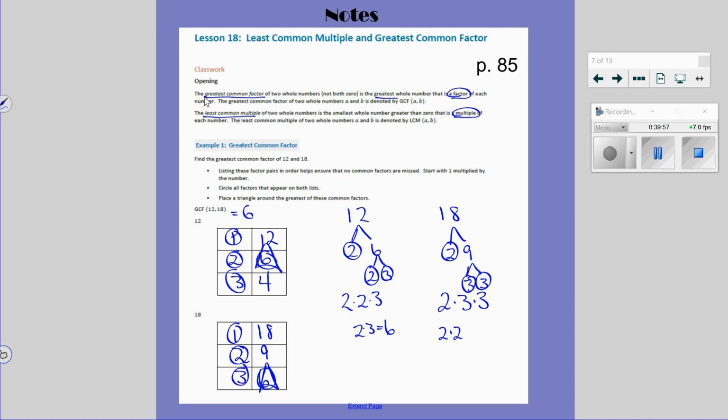Two 3s. So for the LCM, I now need to multiply all of this. 2 times 2 is 4, 4 times 3 is 12, 12 times 3 is 36. So my GCF, I go through that process. My LCM, I go through this process. It equals 36.